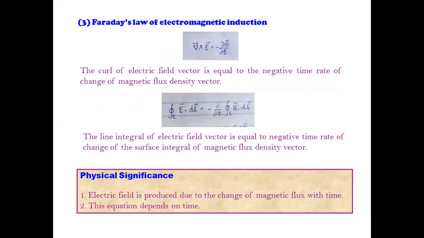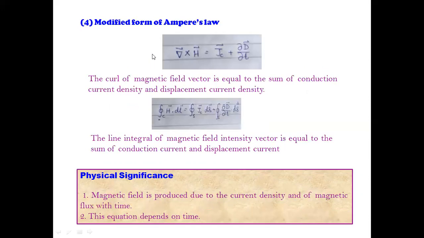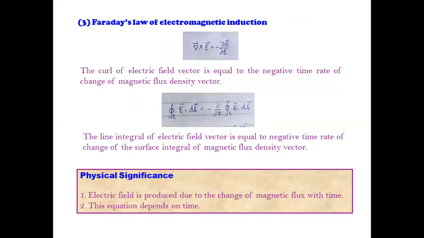Third law is Faraday's law of electromagnetic induction. The differential form states that the curl of the electric field vector is equal to the negative time rate of change of the magnetic flux density vector. And the integral form is the line integral of the electric field vector is equal to the negative time rate of change of the surface integral of the magnetic flux density vector.